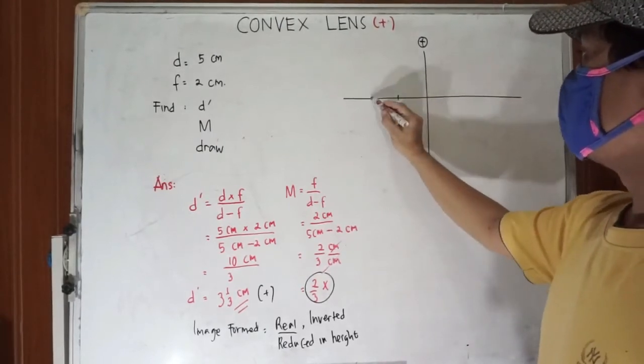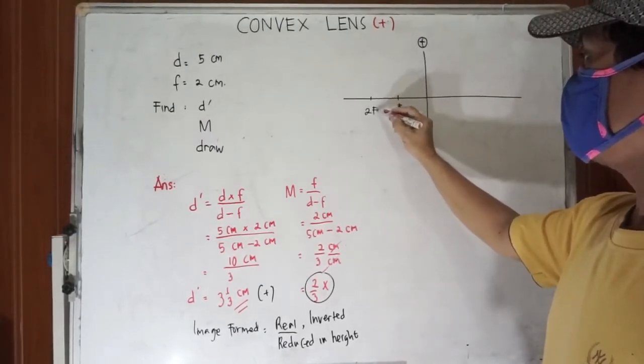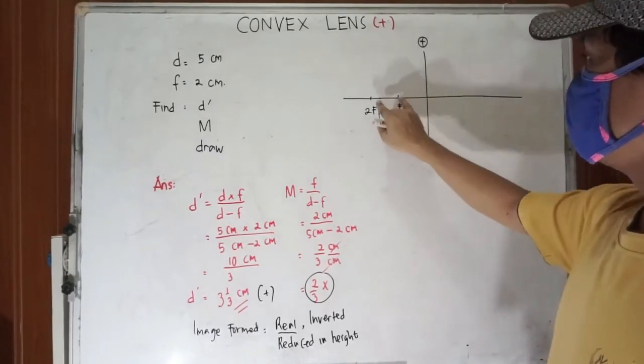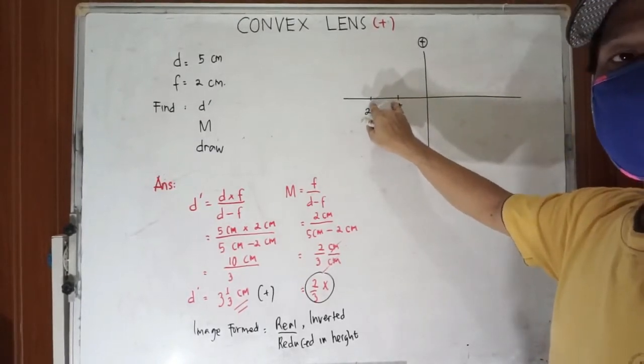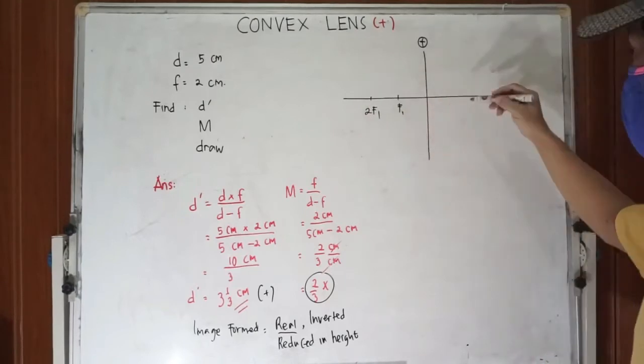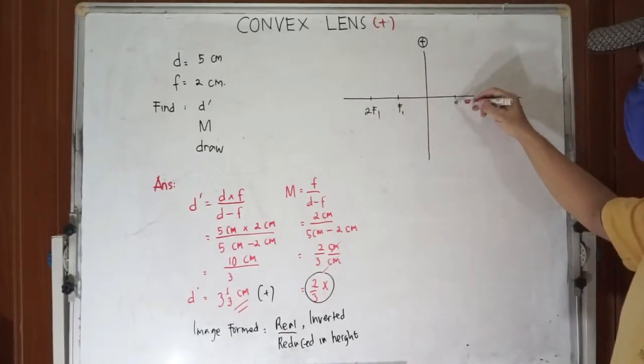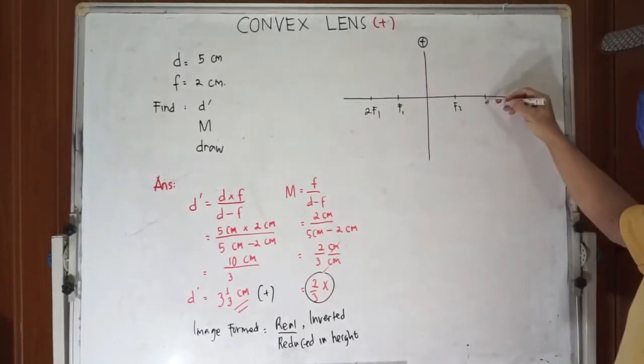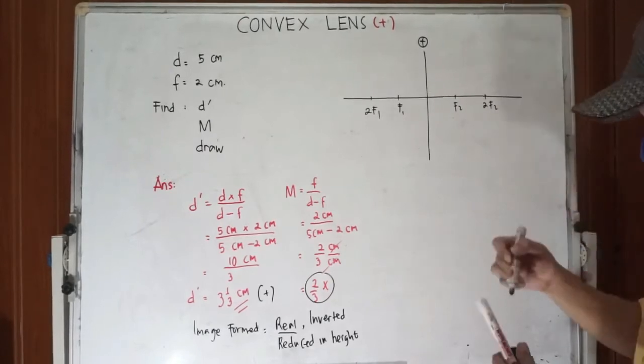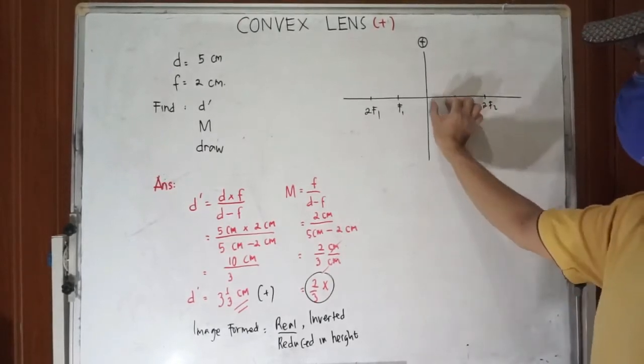F1 and this one is 2F1. The distance must be equal. And the other side is F2 and this one is 2F2. The length must be equal.